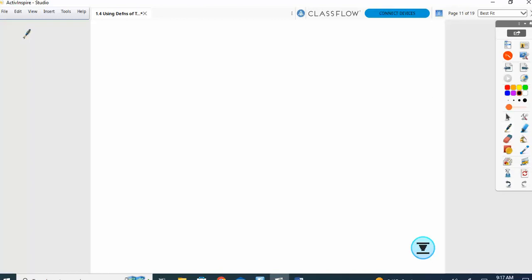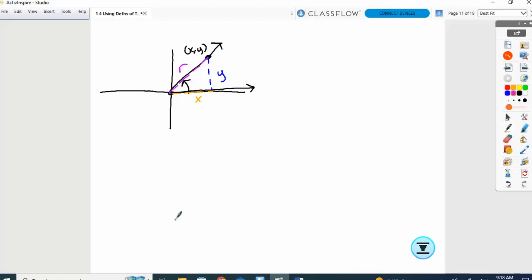So think about this x, y, and r definition we've been using. Okay, we know that we're talking about an angle. And I'm going to keep it in the first quadrant now for just a minute. And so when we're looking at x, y, and r, this is my x, this is my y, and this is my r.